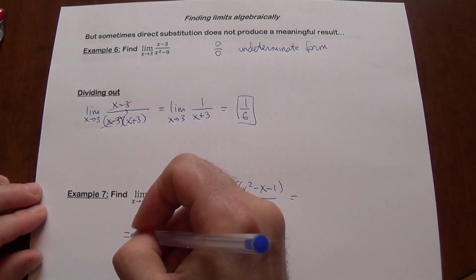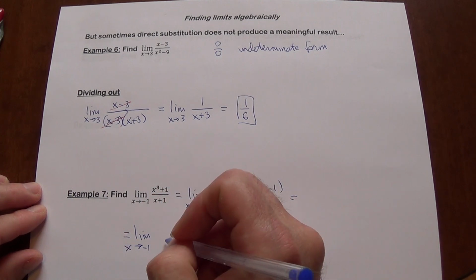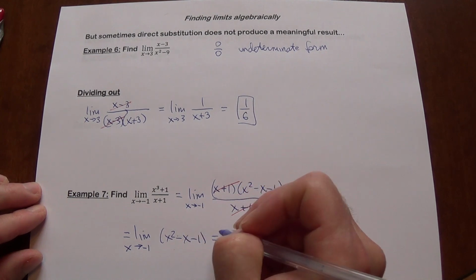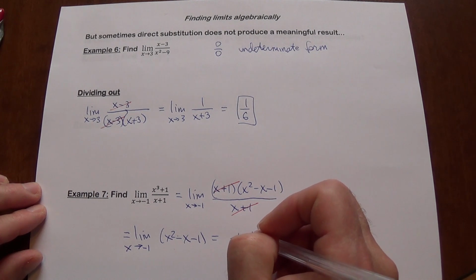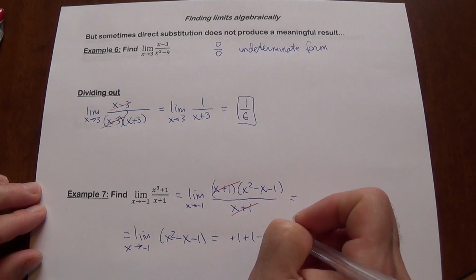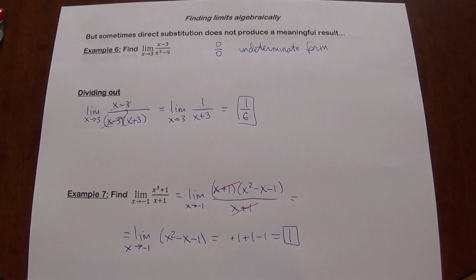So this becomes the limit as x approaches negative 1 of x squared minus x minus 1. And direct substitution is not an issue anymore. This is negative 1 plus 1. I'm sorry, this is positive 1 plus 1 minus 1, and the answer is 1.